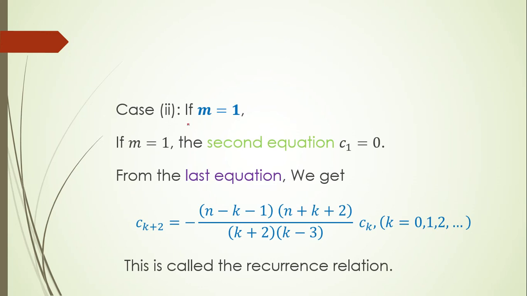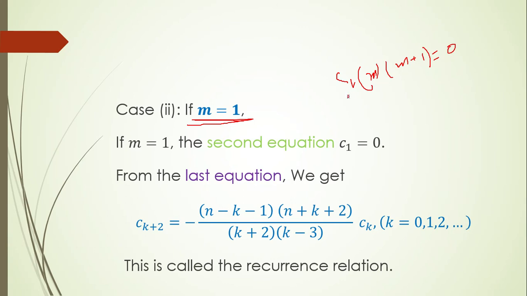Next, for case m is equal to 1, the second equation is c1 into (m minus 1)(m plus 1) is equal to 0. So for m is equal to 1, this is not equal to 0.